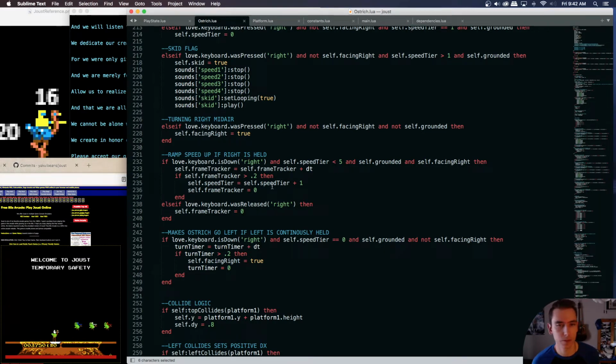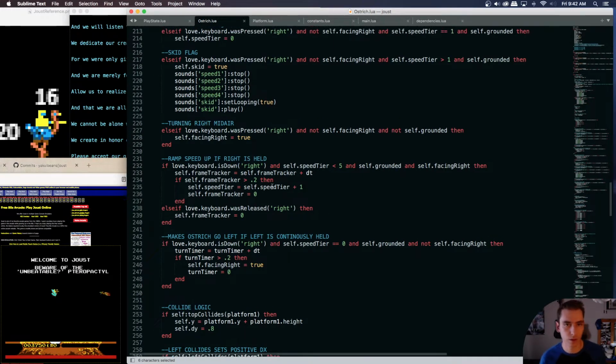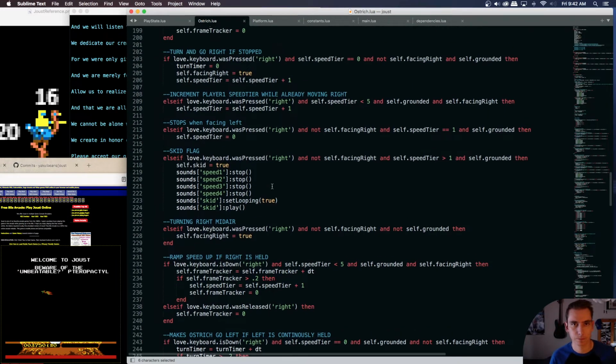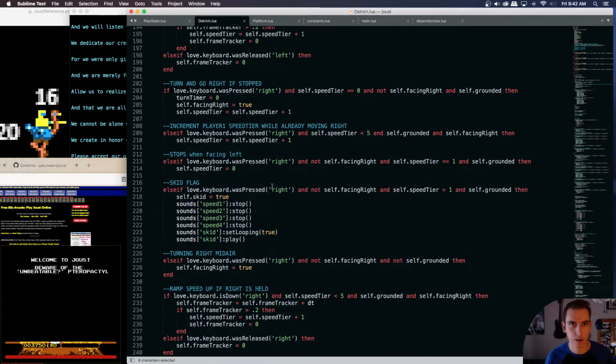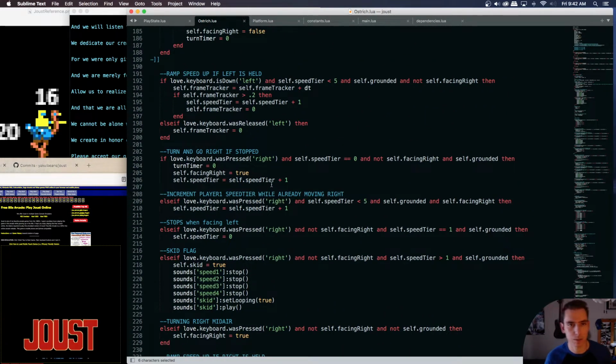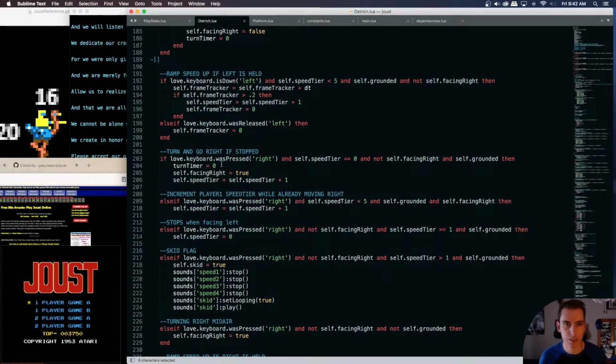We can get rid of this frame tracker too, because that was only to count every 1/5 of a frame so that we could increment our speedTier. So that'll probably be gone in its entirety. And then a couple of these things need to be switched from was pressed to is down.